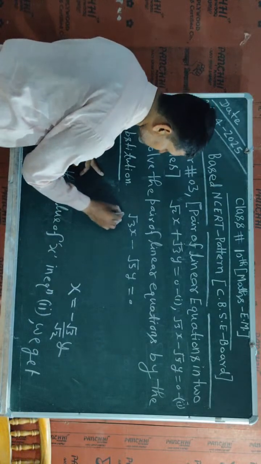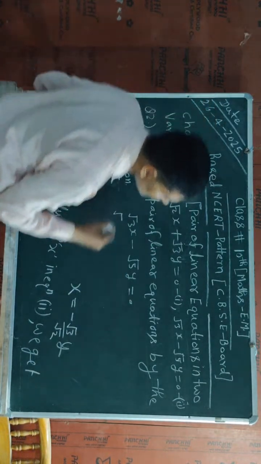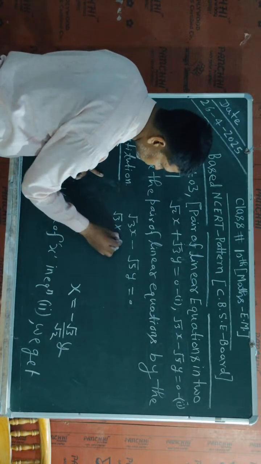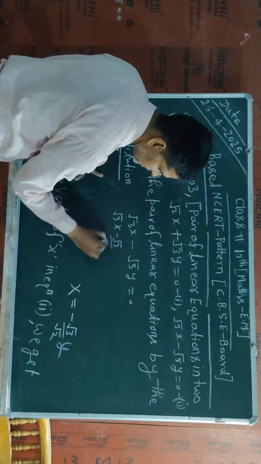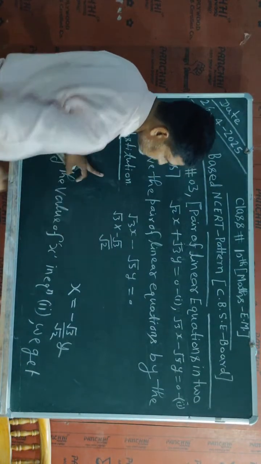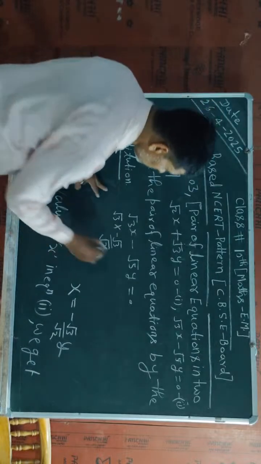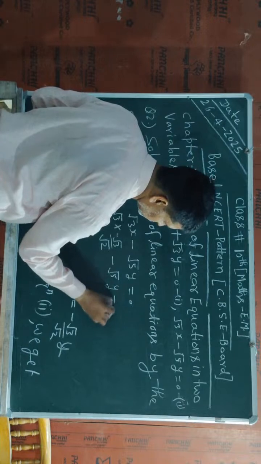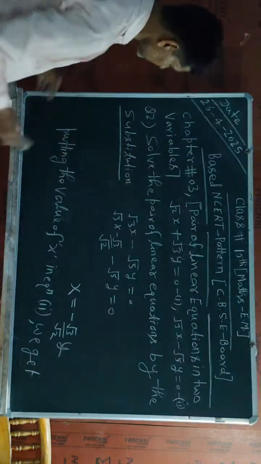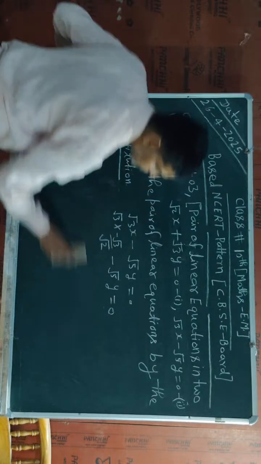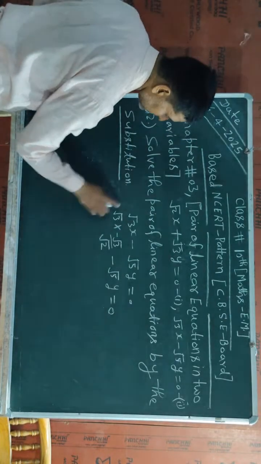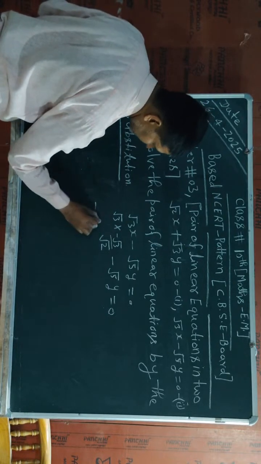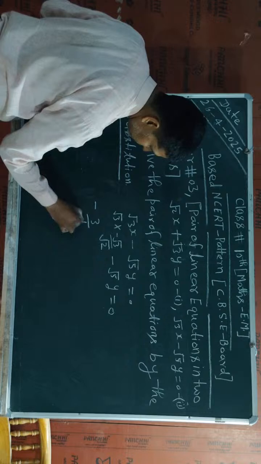So here I will write root 3 into, in the place of x, minus root 3y divided by root 2, minus root 5 into y which is equal to 0. Okay, student, I can write this. Again, I am going to erase this one, so I will multiply plus and minus, it will be minus, and root 3 into root 3 I will write here 3 divided by root 2.